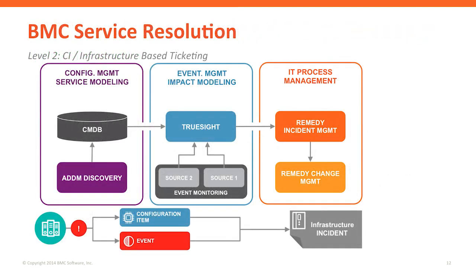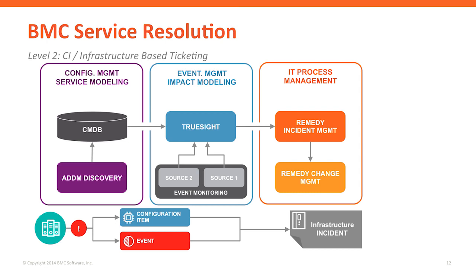At this level, you now see that you have the three primary processes, or three primary pillars. In this illustration, we've combined the discovery process with the CMDB and the configuration management, because discovery is a fundamental capability that populates the CMDB.